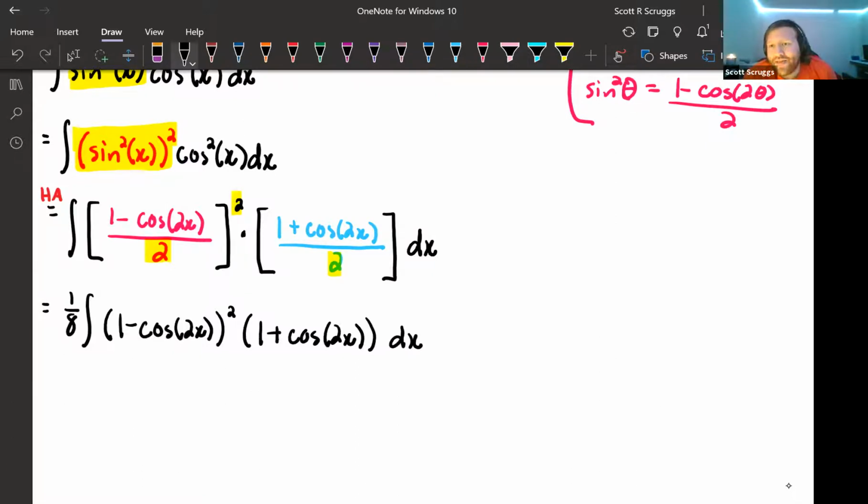And so now what I have in my integral is 1 minus cosine of 2x, all of that squared, times 1 plus cosine of 2x. And that's going to be the main integral that I work with here.